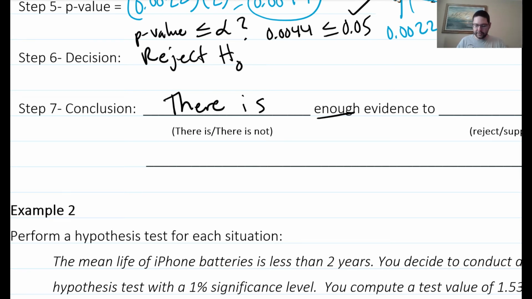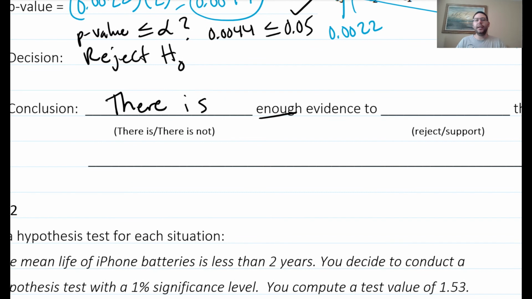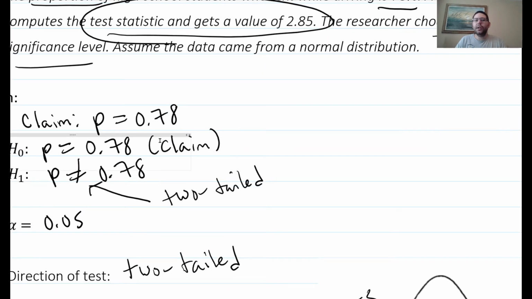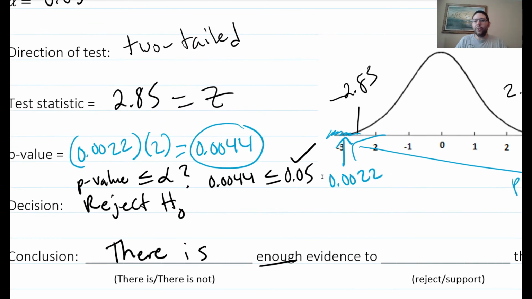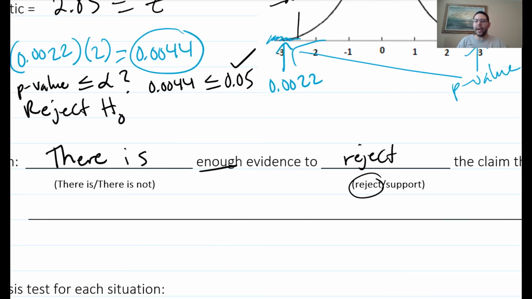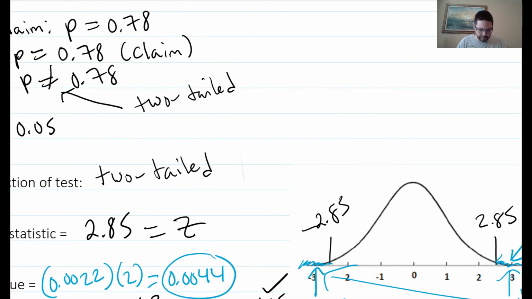So there is enough evidence to, now what did our claim belong to? Well, we said our claim belonged to our null hypothesis. Therefore, the wording that we use here is we reject. So there is enough evidence to reject the claim that, and then what's our claim?